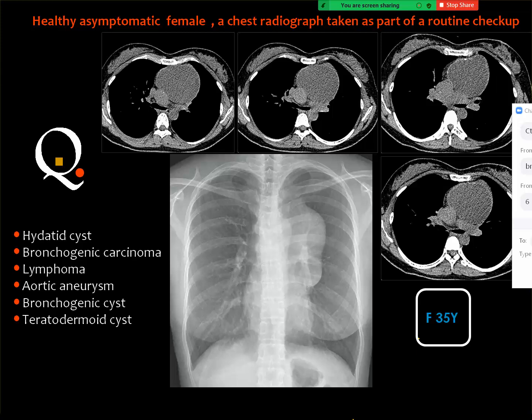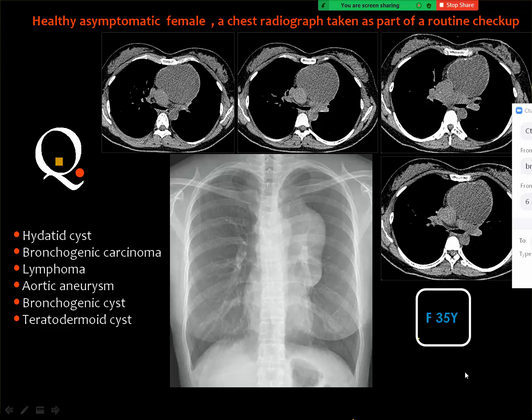Bronchogenic cyst. Yes. Teratodermoid cyst, and this is the right answer. If you look carefully, you can see fluid in this lesion with faint matrix calcification. You know that there are three requirements for the diagnosis of teratodermoid cyst: fat, calcium, and fluid.